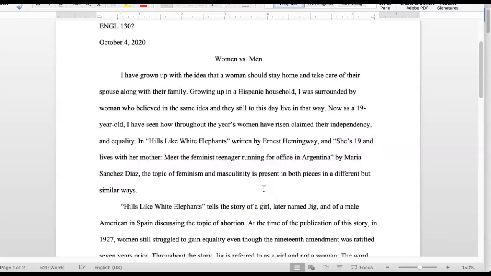Now, here's what I wish she would have done better. The rest of this thesis is leaning towards a compare and contrast, as if she is comparing and contrasting the story and the article, which you should never do ever in the history of the world, ever. But she doesn't.